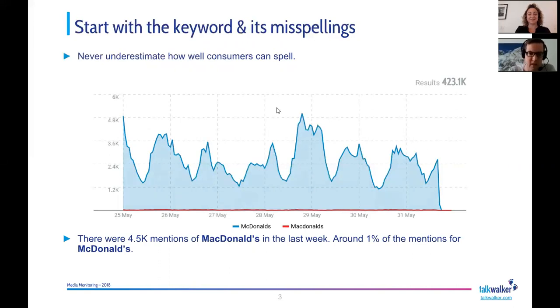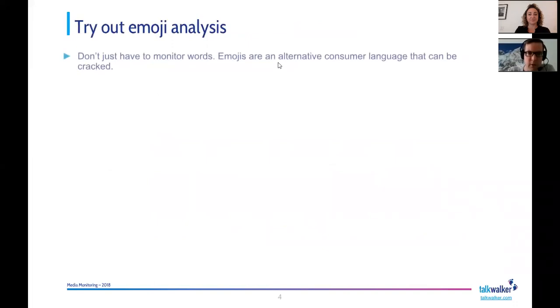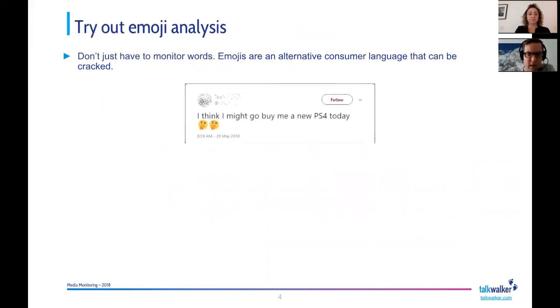So it's always worth just checking the spellings, looking at your different spelling options as you go through. One thing that we have got as well is emoji analysis. Don't forget that a lot of consumers are using emojis now to express opinions and express emotions. One of my favorite examples is the thinking emoji. Often it's a great example of people demonstrating they're moving along the buying cycle.